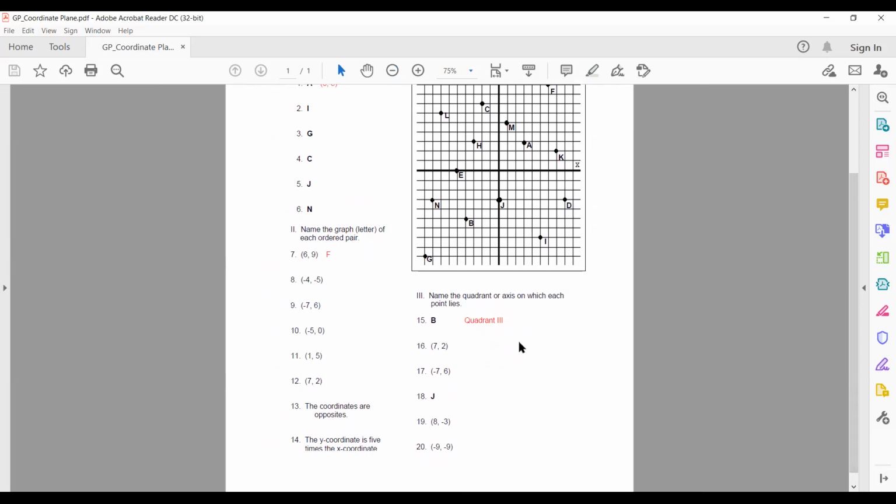The coordinates are opposites. Okay, in which of the quadrants do we have opposite signs? We're going to be in quadrant 2 or quadrant 4. So there's one point where the coordinates are opposite signs, but the numbers are the same.